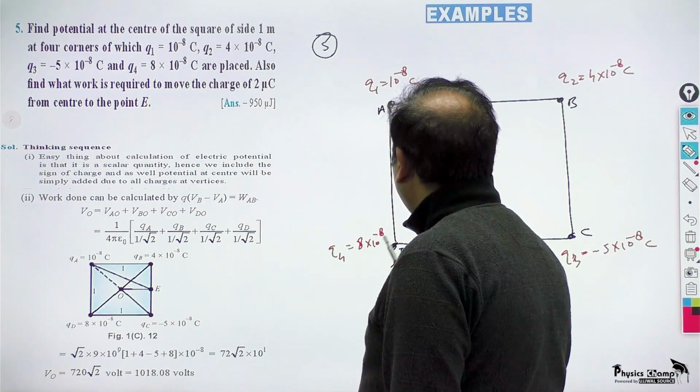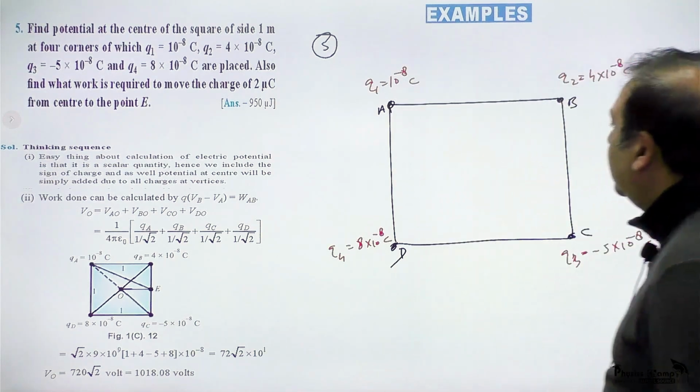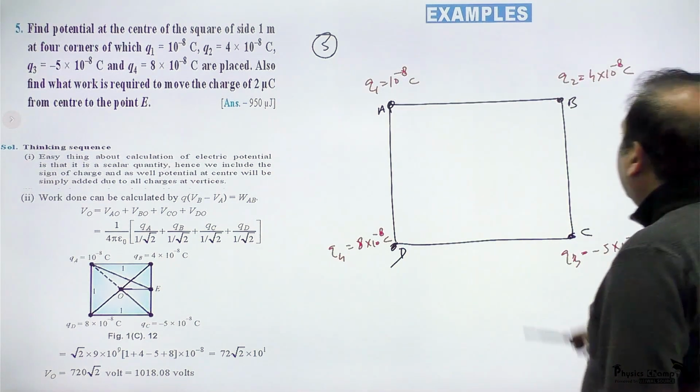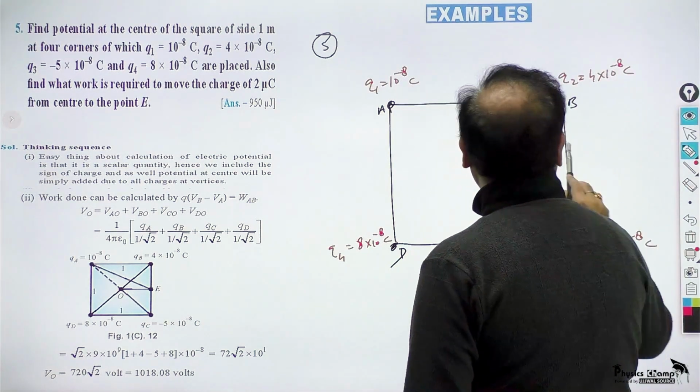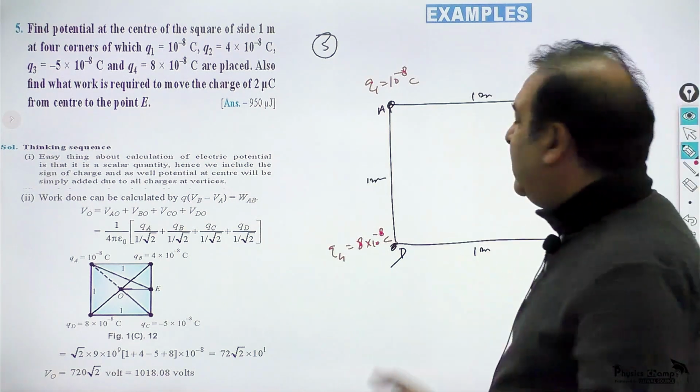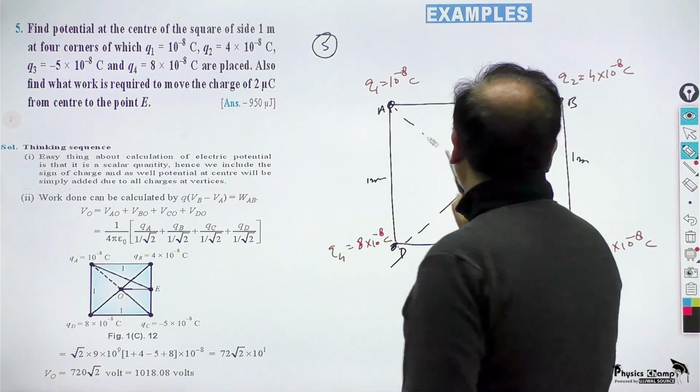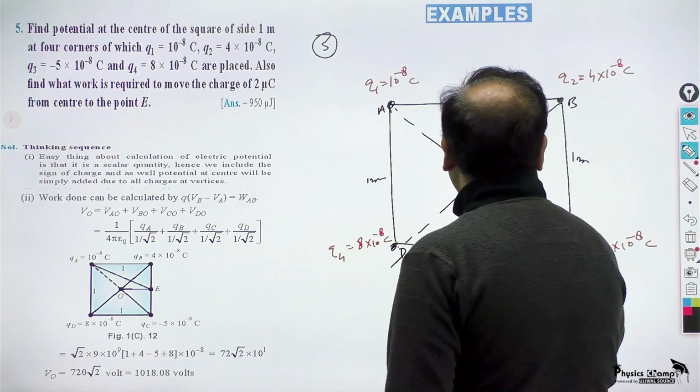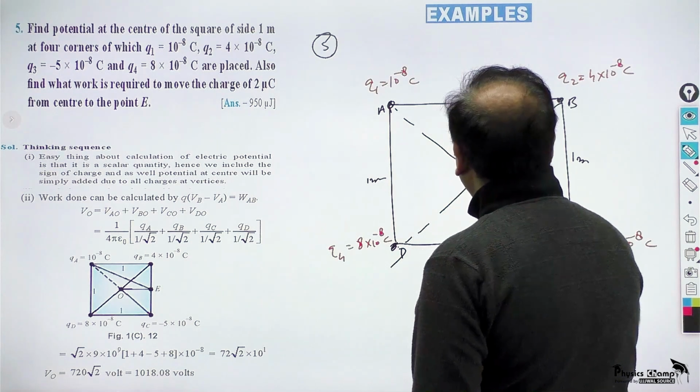So you have charges Q1, Q2, Q3 and Q4, and a square of each side 1 meter. Find the potential at the center of the square. So the first thing we are looking for is the potential at the center of the square.